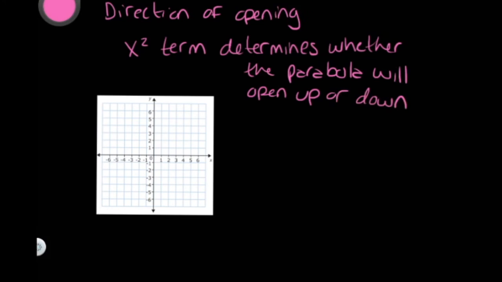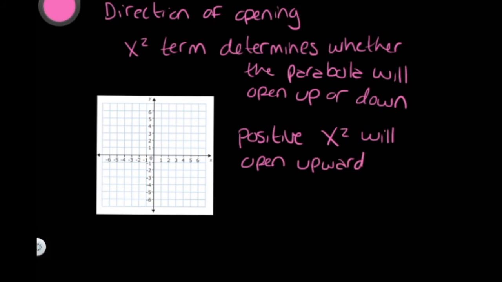So a positive, such as x squared, will open upward. And a negative, such as -x squared, will open downward.